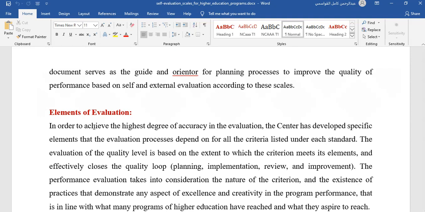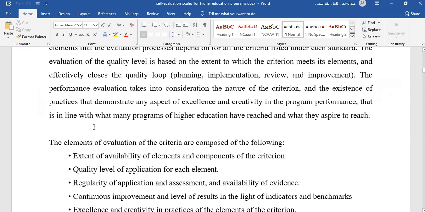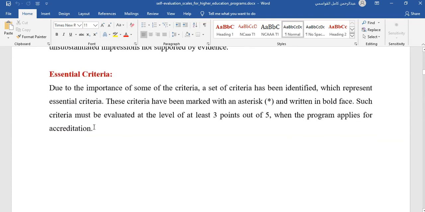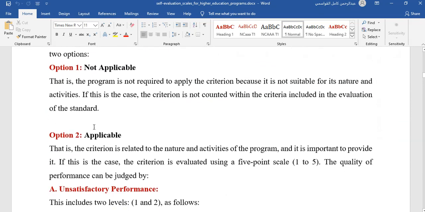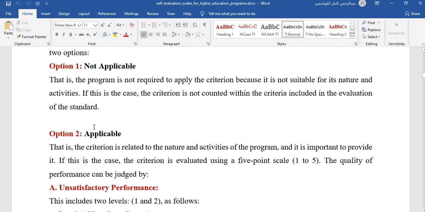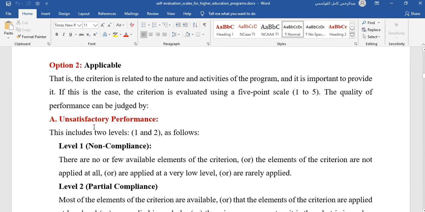But in order to be eligible for academic accreditation from NCAAA, you need at least 3 stars for every standard. Every standard contains several items, and the average should be 3 stars and above.